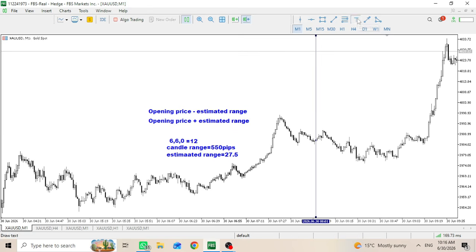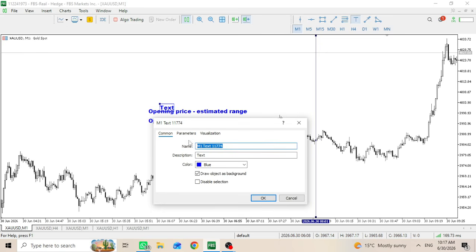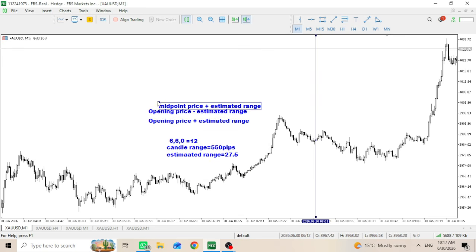Or you can take the midpoint price plus the estimated range. How do you get the midpoint price?